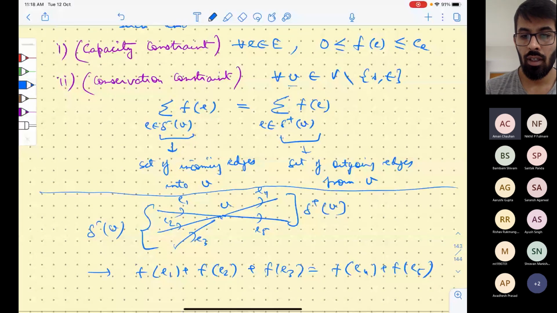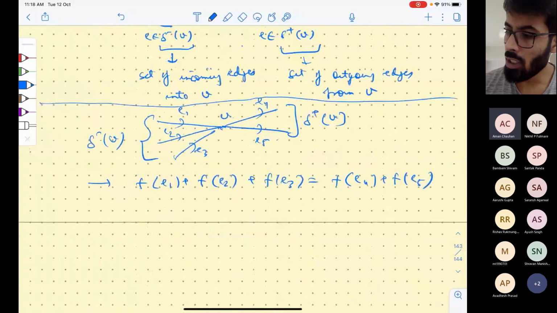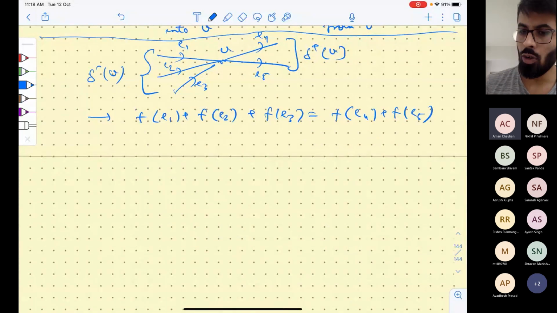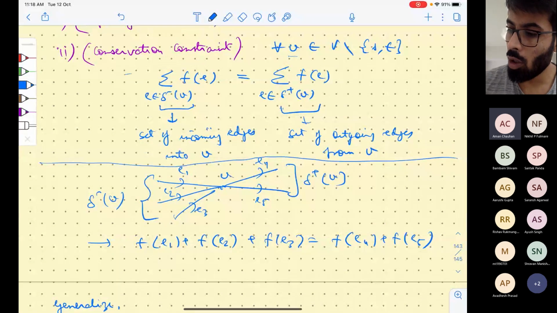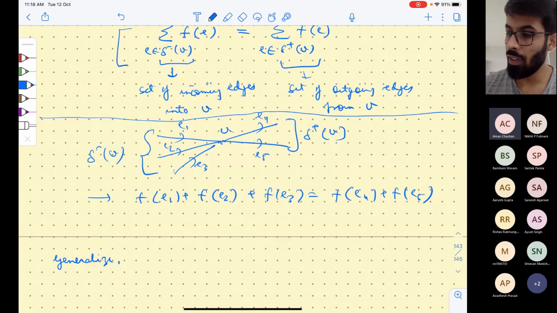Now, this is the original form of the flow, but let's try to write it in another way. So if we generalize, let's call this quantity f in of v.